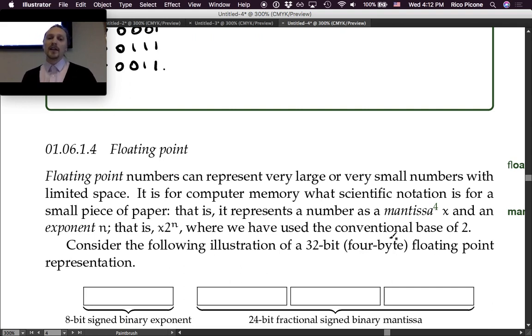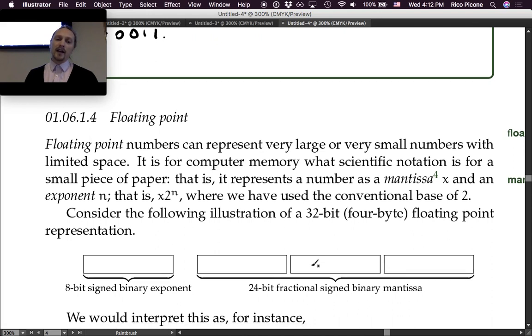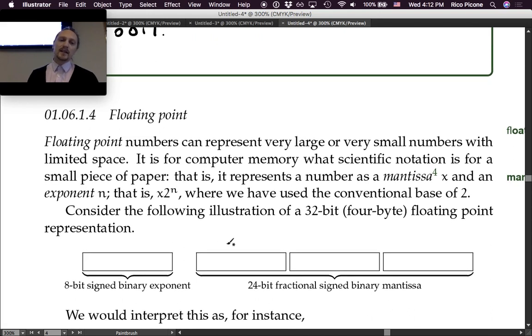That is, it represents a number as a mantissa, x, and an exponent, n. That is, x times 2 to the n, where we have used the conventional base of 2. So scientific notation would say x times 10 to the n.